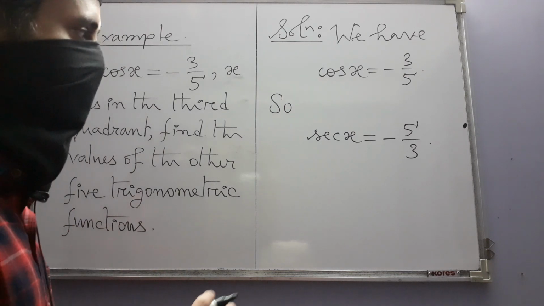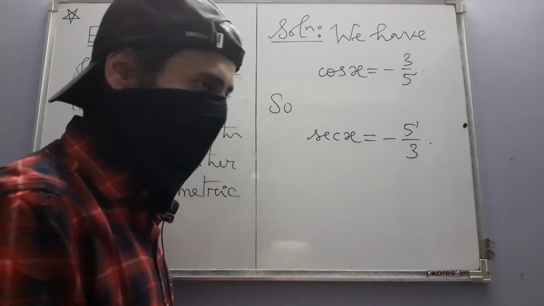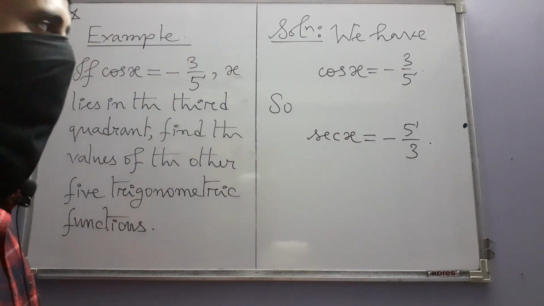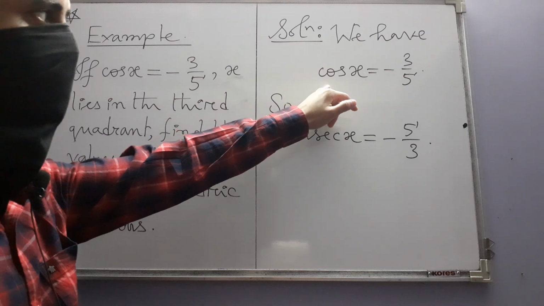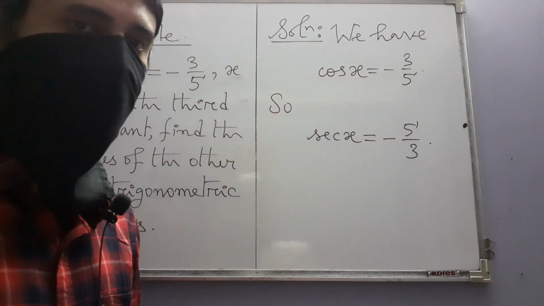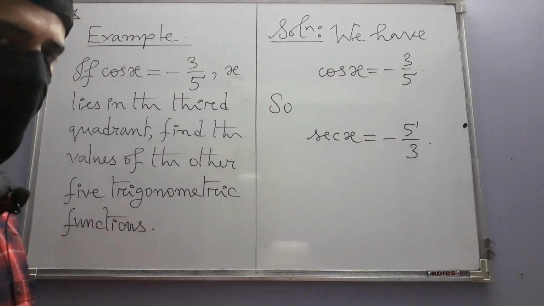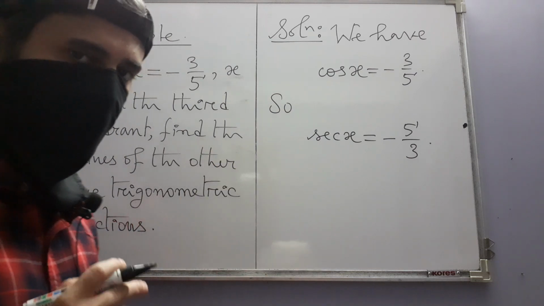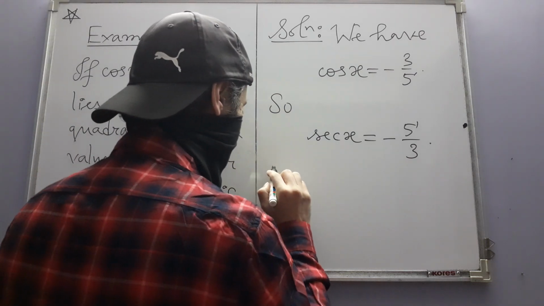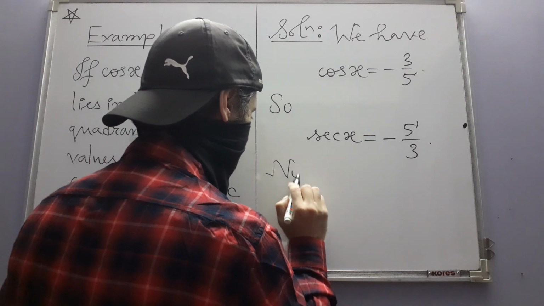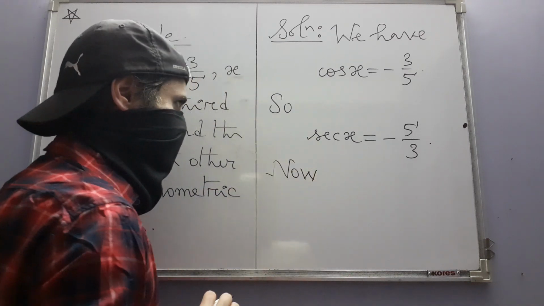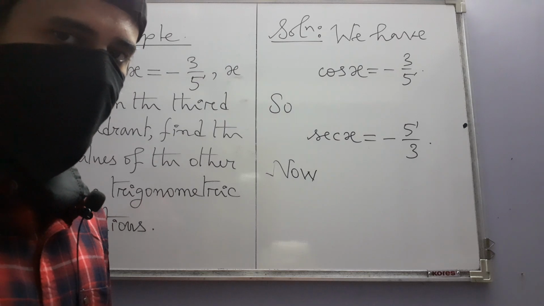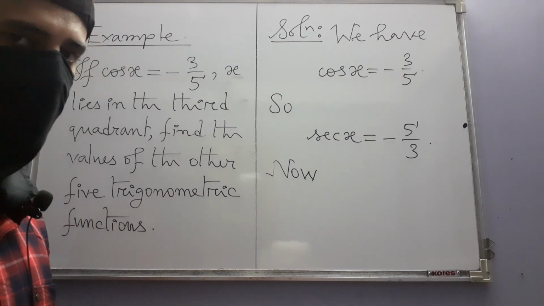And one more thing, if you want, you can use the value of secant x to find tan x, but a better thing to do is to find the value of sin x from cos x itself, using our familiar formula that the sum of their squares is equal to 1. That will not immediately give you sin x, it will give you the sin square x value, and from that you will have to find sin x.